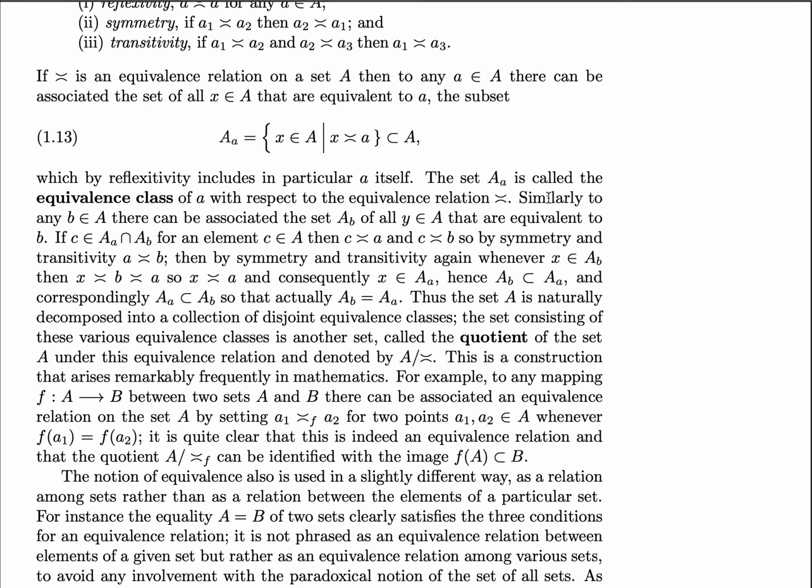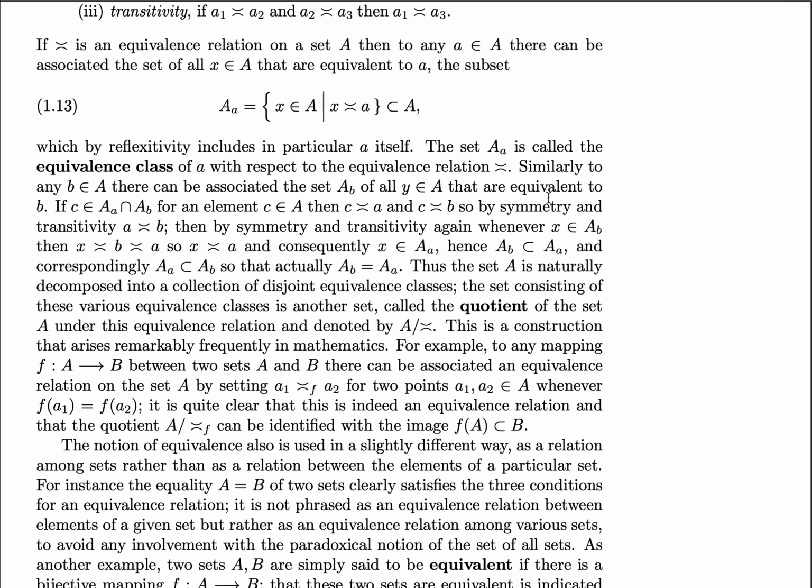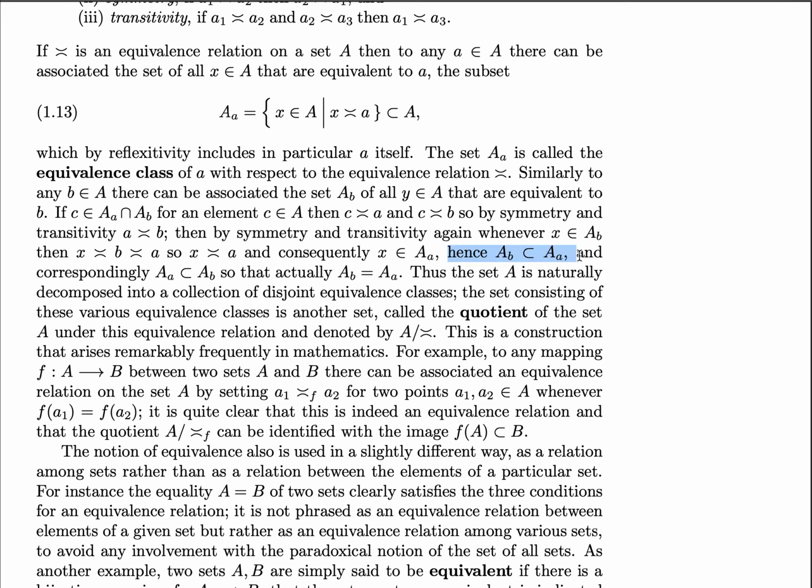And so that proves that the equivalence class of b is a subset of the equivalence class of a. And likewise, you can prove the reverse and see that the equivalence class of a is a subset of the equivalence class of b. You'll note that here they do that in a slightly different order, but it does not matter. In fact, you see that they're equal.